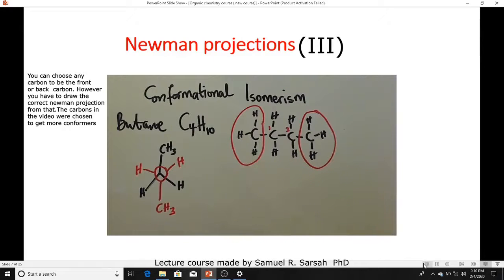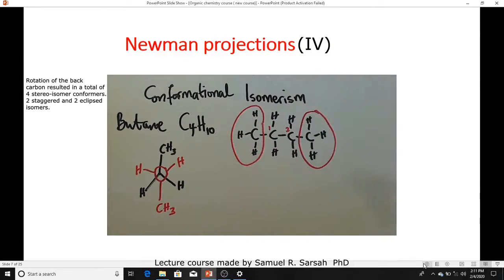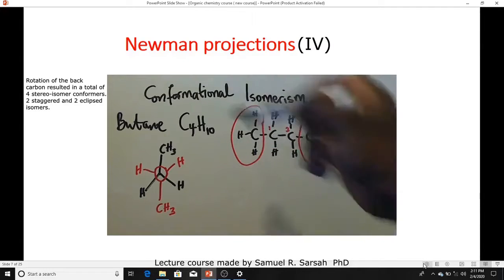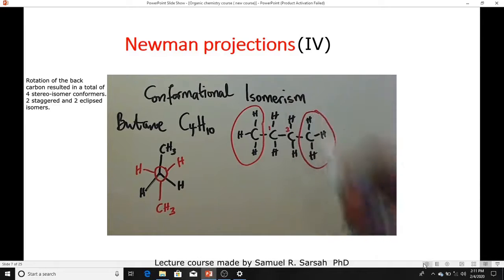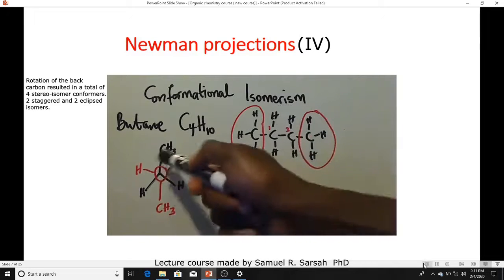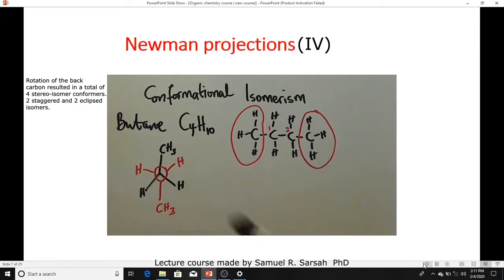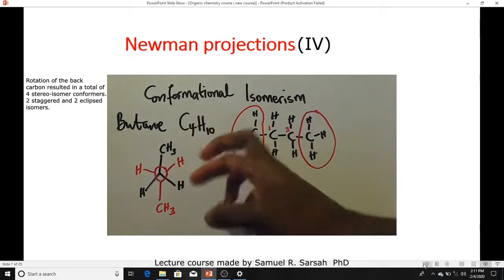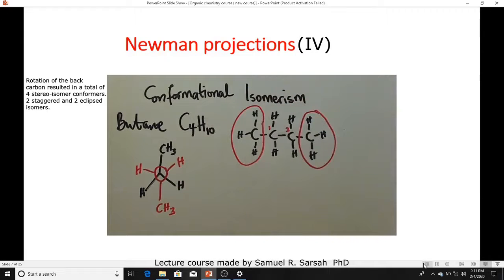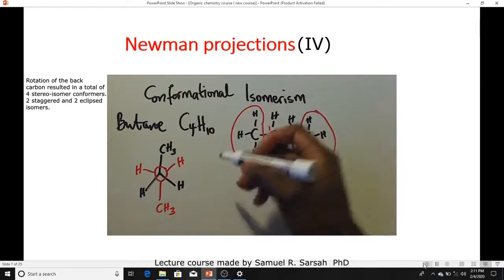representation for butane. Now what we do is we keep the front carbon, which I'm going to choose as carbon number 1, and then rotate the other carbon, which I'm going to choose as carbon number 2. So carbon number 1 is represented by the black color, and carbon number 2 is the red color. So let's keep the black constant and then rotate the red.